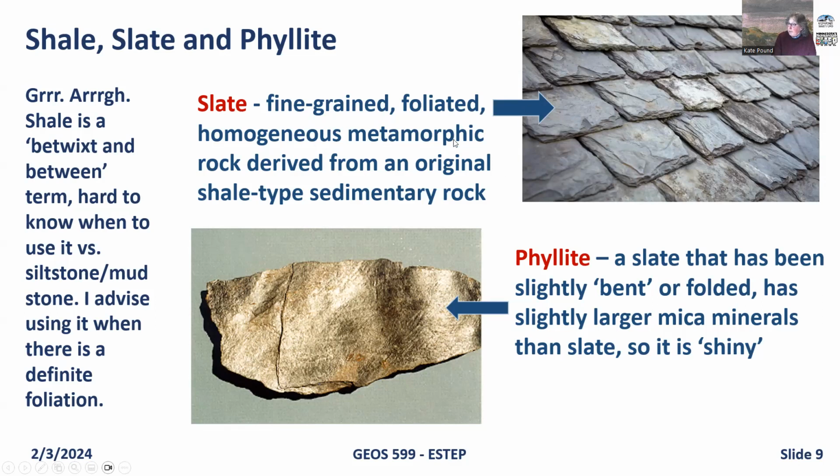Then if we upgrade that slate and maybe bend or fold it a tiny bit, the tiny mica minerals in it that you can't see with your naked eye, but they tend to reflect light. So as you move it around, it has a slightly shiny, wavy appearance.